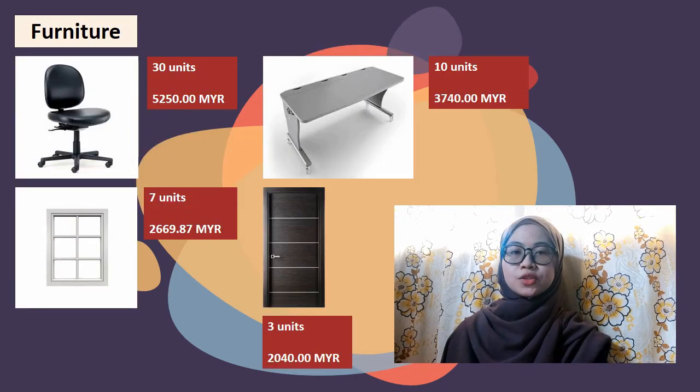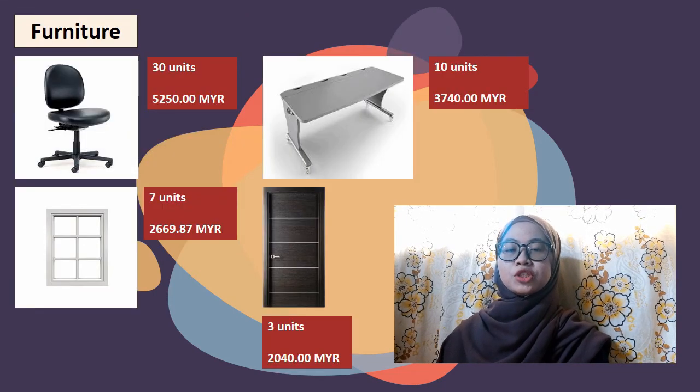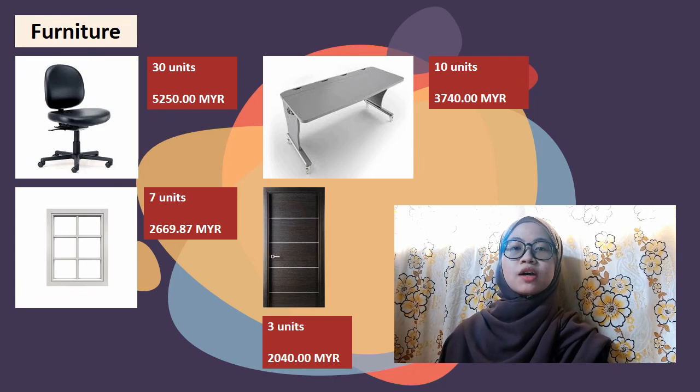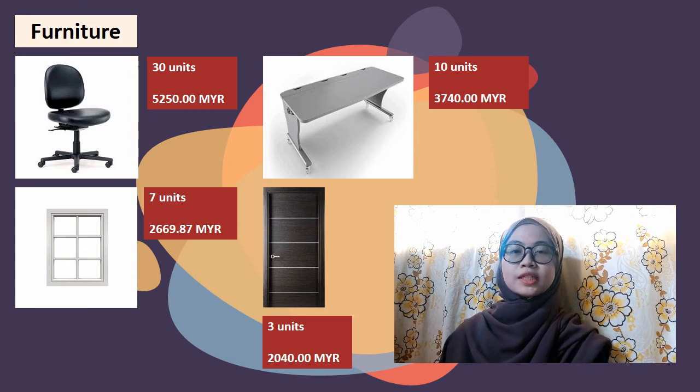In this slide, as you can see, we put the lab chair for 30 units, long desk for 10 units, windows for 7 units and door for 3 units. The prices are shown inside the slide.